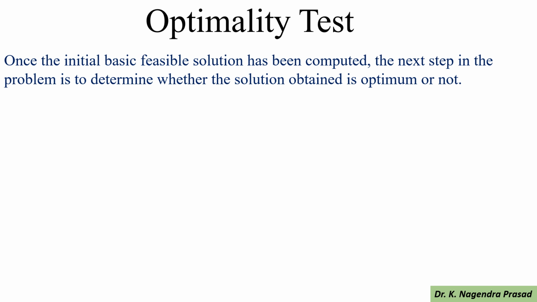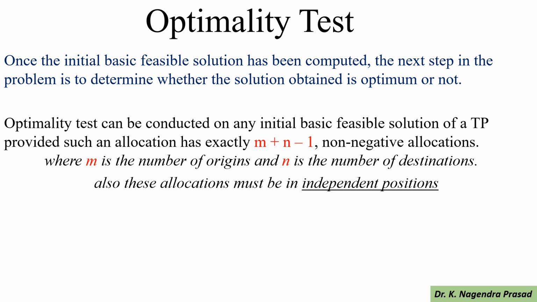After finding the initial basic feasible solution, we have to check whether it is optimum or not by the optimality test. The optimality test can be conducted on any initial basic feasible solution of a transportation problem, provided such an allocation has exactly m plus n minus 1 non-negative allocations.